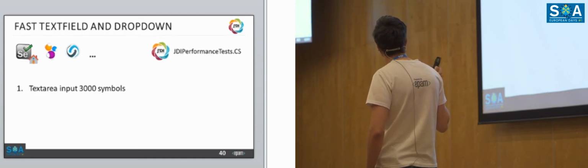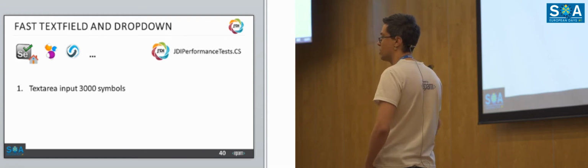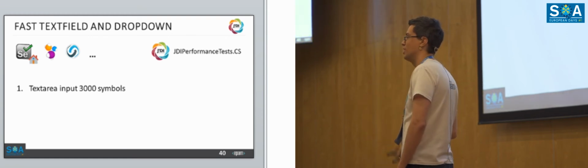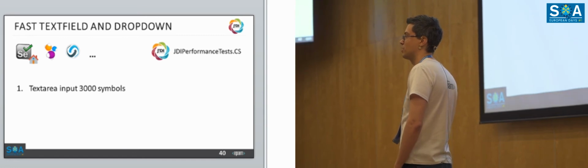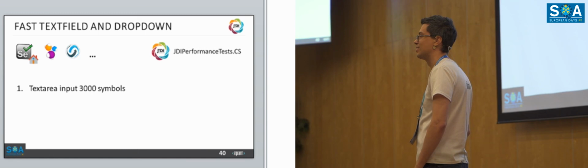So the question for you, what do you think? How much time will it take to fill the text area with 3,000 symbols? Any guesses? 1 second, 5 seconds, less than a second, 10 seconds.